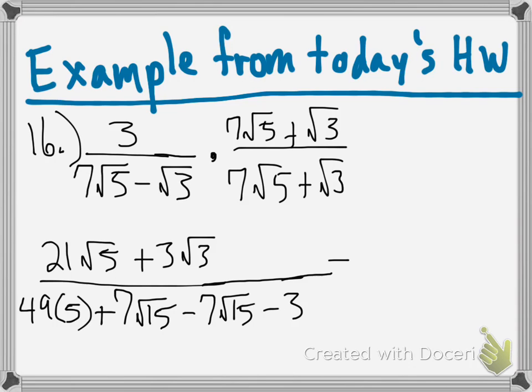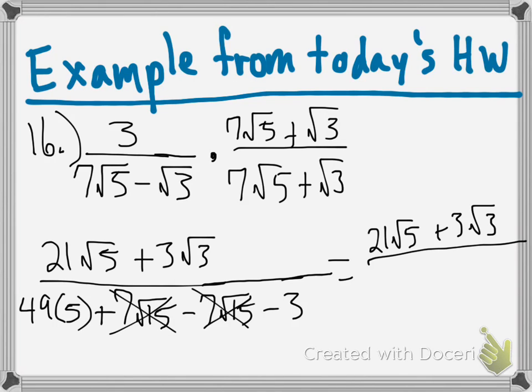So up top, I don't have any like radicals, so I just have to leave it like it is for now. And then downstairs, my radical expressions cancel each other out. So now I have 49 times 5 minus 3.